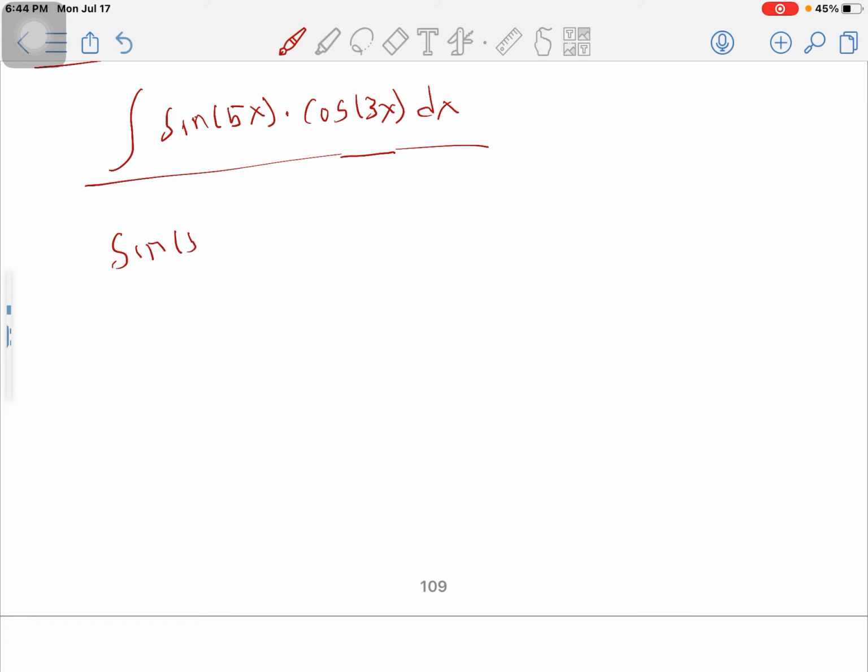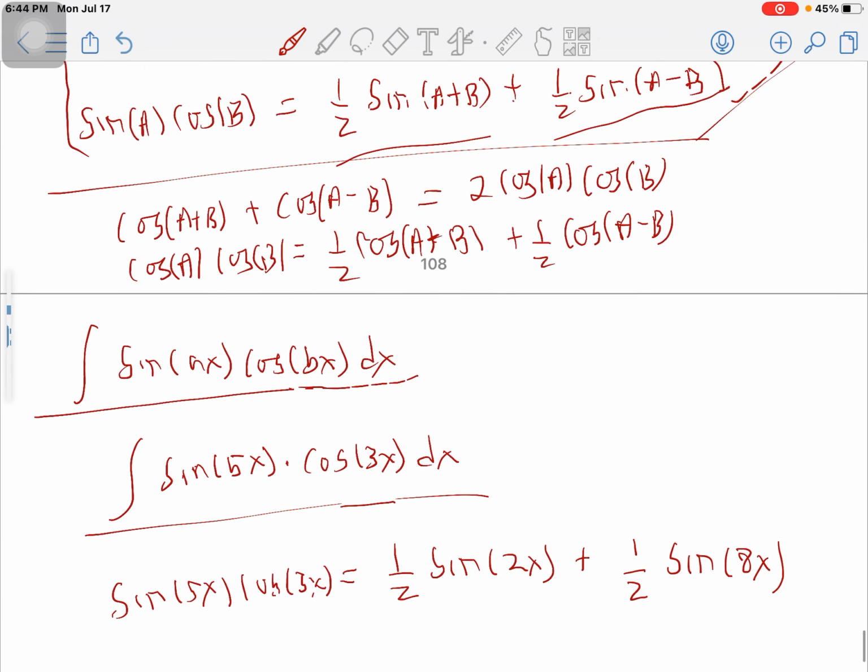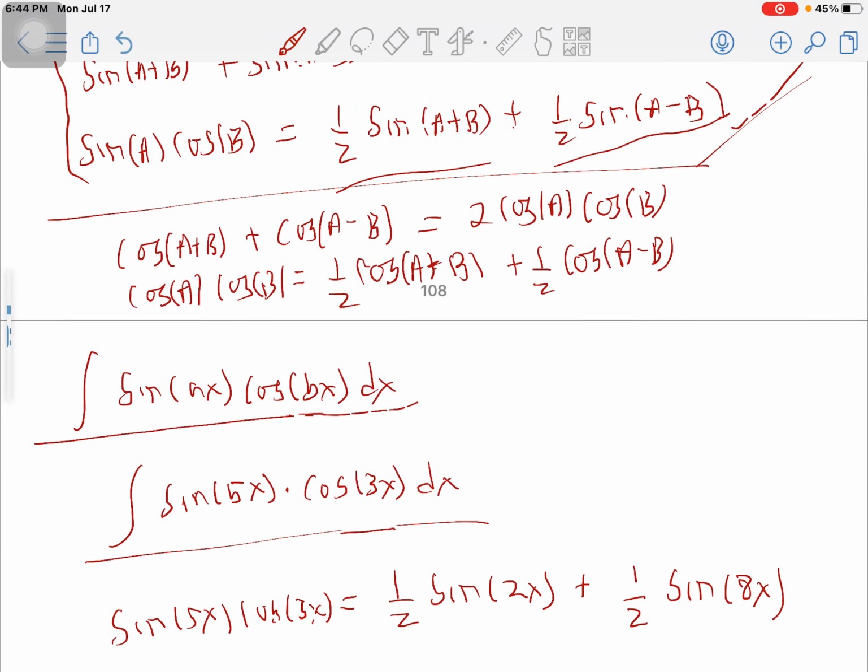So in that case, we can say that this identity, sine 5x cos 3x, is equal to 1 over 2 sine of 2x plus 1 over 2 sine of 8x. So that is how we do it.